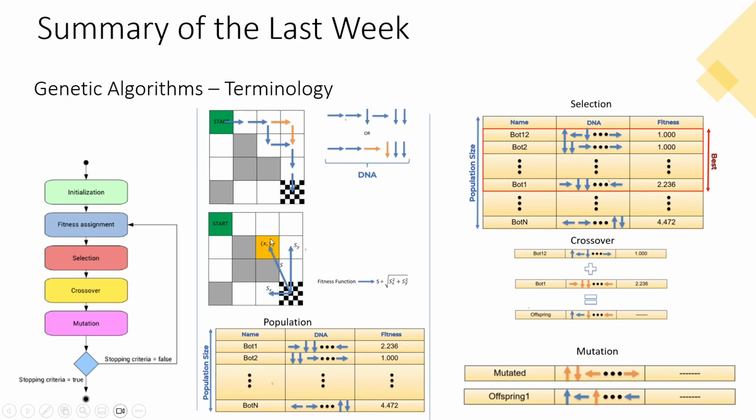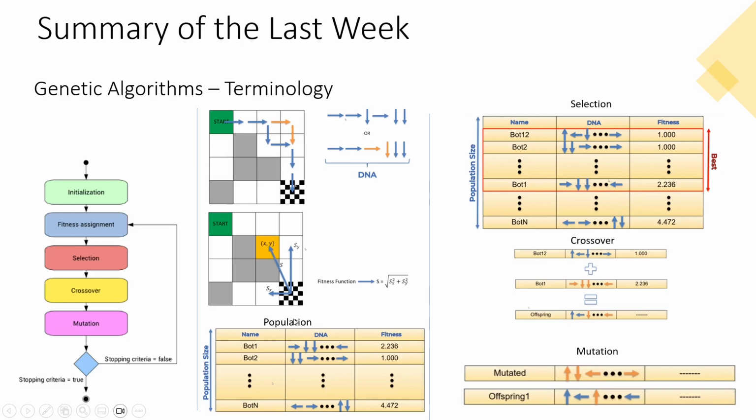For example, if the robot started here, it followed this direction, right, down, left. If it followed this, then the fitness function says, okay, it's far away from the final point, and the distance is this distance. Okay, that was the fitness function. We needed this fitness function in order to understand how good that individual DNA is performing.